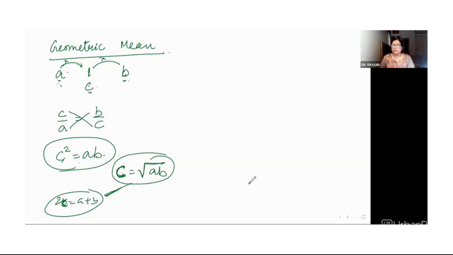Now if we have to insert more numbers between two numbers, like if we have A and B, and we have to insert, let's say, three numbers between A and B, so that the resulting sequence is a geometric progression, what we need to do is find the common ratio.